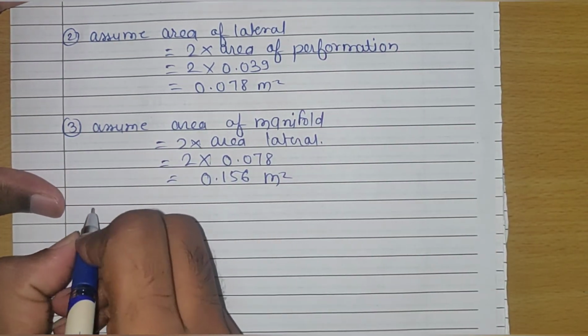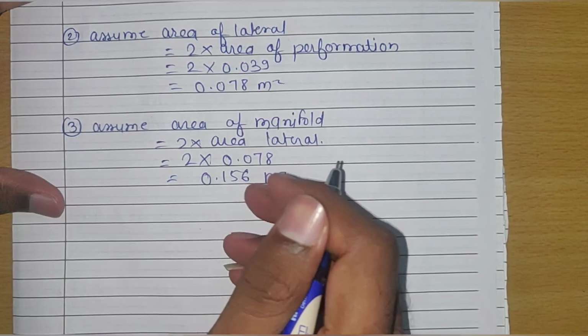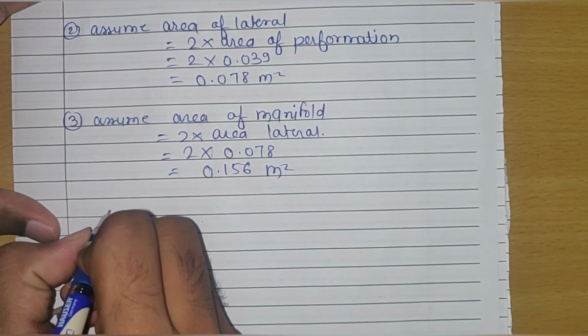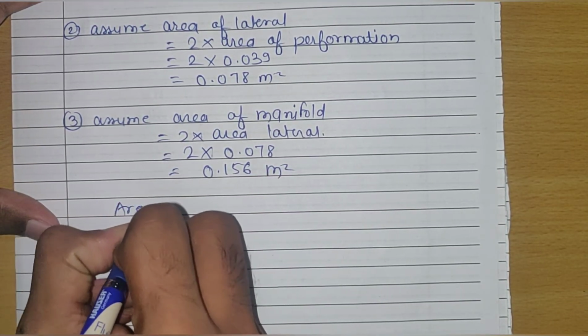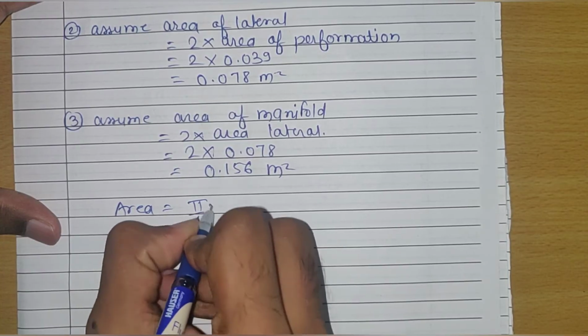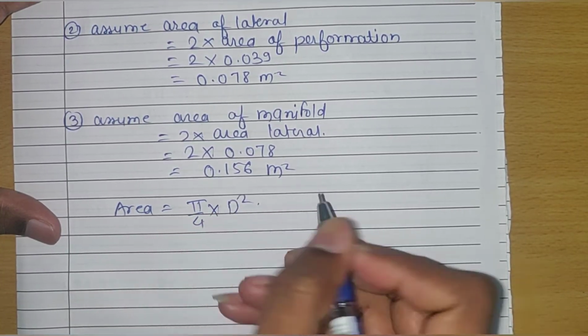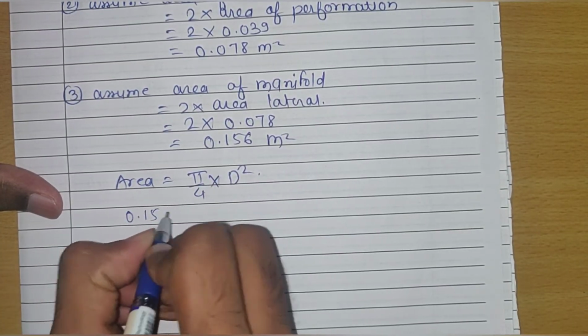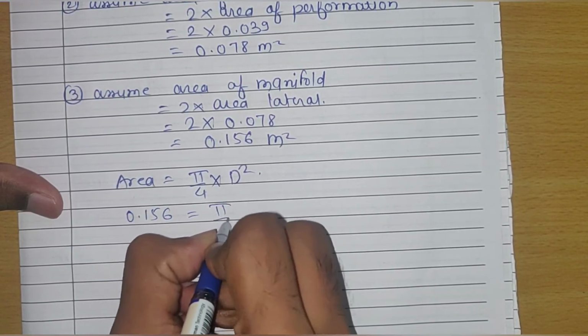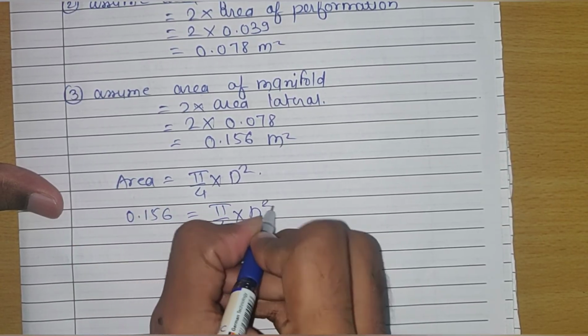Generally pipes are of circular type, so area will be equal to pi by 4 d square. So 0.156 equals pi by 4 into d square.